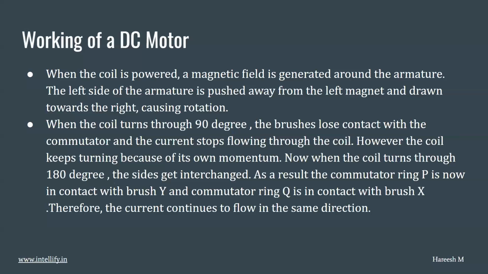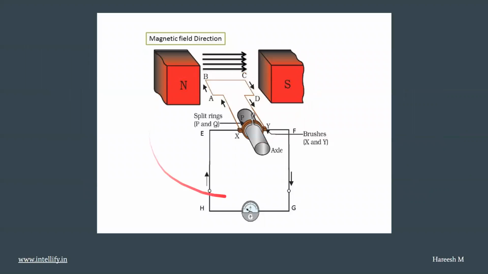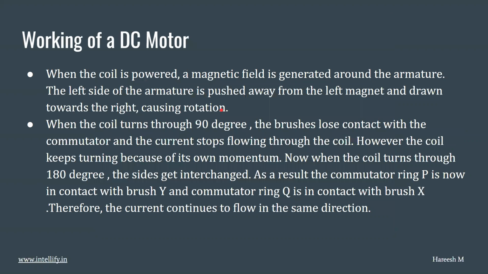So if you pass electric current through this coil, the coil will experience a force due to the magnetic field present around it, and this will rotate it in a circular motion. And that is what will move the axle. To understand exactly how this phenomenon works, let us read the next one.